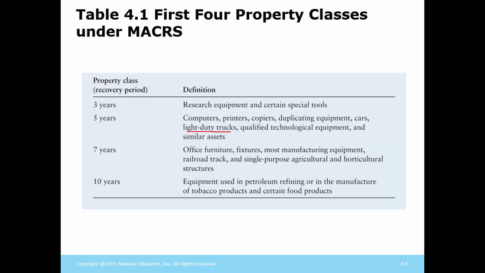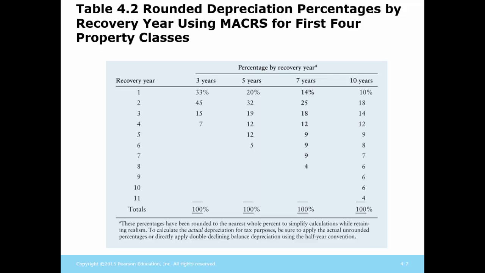Once you know where it falls in this MACRS system, there is another table that tells you what depreciation to take each year. So if you have a 5-year asset and you bought it 2 years ago, this past year you were able to depreciate it for 32%. The next year you would depreciate the depreciable basis for 19%.